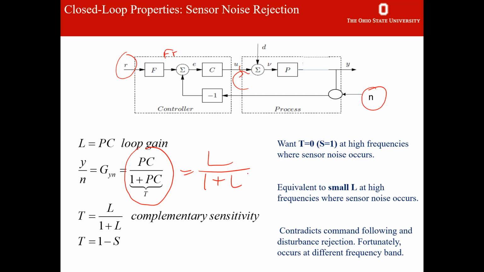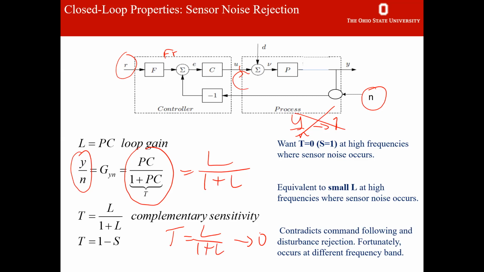But then if this is 1, my output will follow my sensor noise exactly. Y over N going to 1. This is something I don't want. I don't want to follow my sensor noise. Actually, for this requirement, I want T equal to L over 1 plus L to go to 0, just like disturbance rejection. Then I won't be responding to any sensor noise.